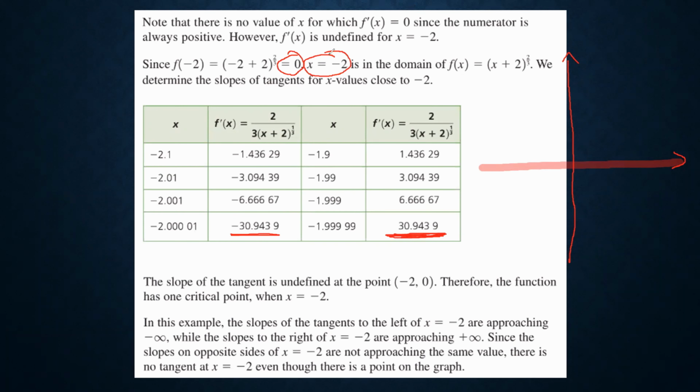So let's talk it through. We found one critical point, critical number x equals negative 2, right? In this particular example, the slopes of the tangents to the left of x equals negative 2 are approaching minus infinity. Does it make sense? If you keep making this value even smaller, like 0.0000000, many zeros, and 1, this number is going to increase.